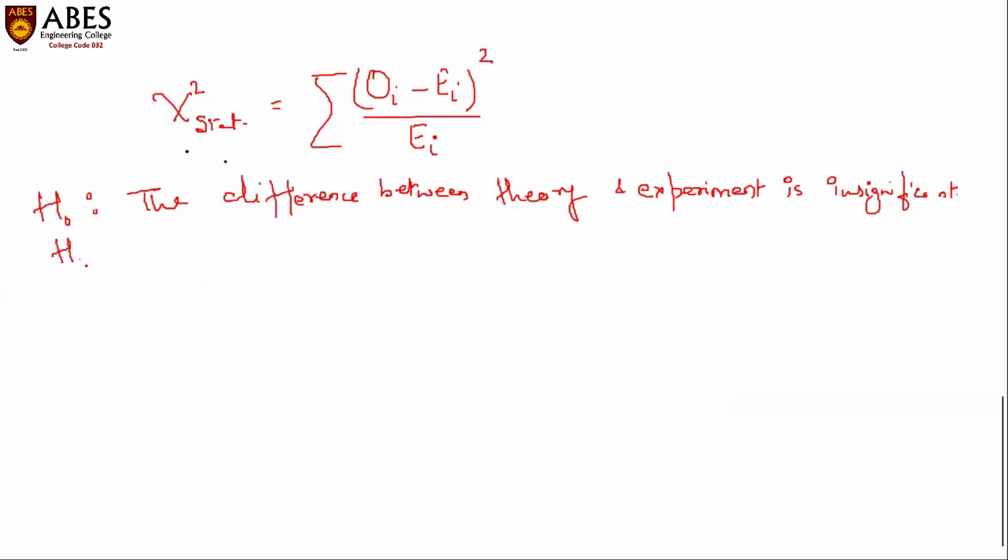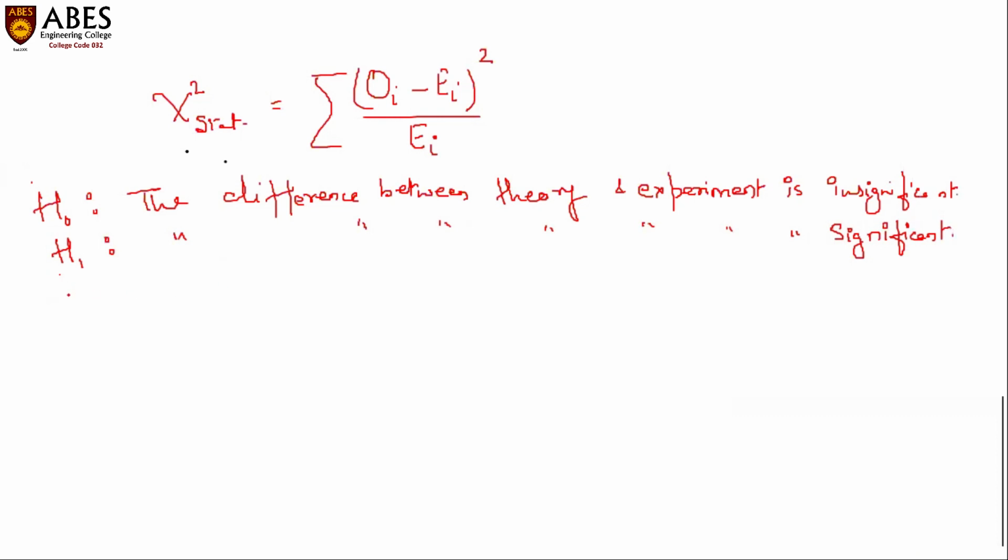Next, we declare the alternate hypothesis, in which we assume that the difference between theory and experiment is significant. Now we have to see whether the chi-square test claims that this statement is true or that statement is true.